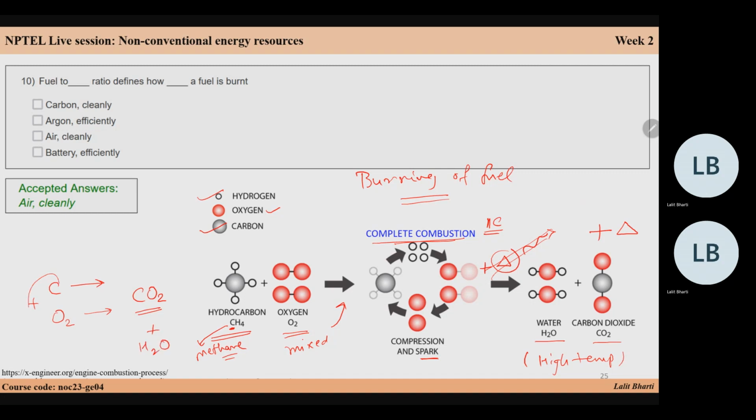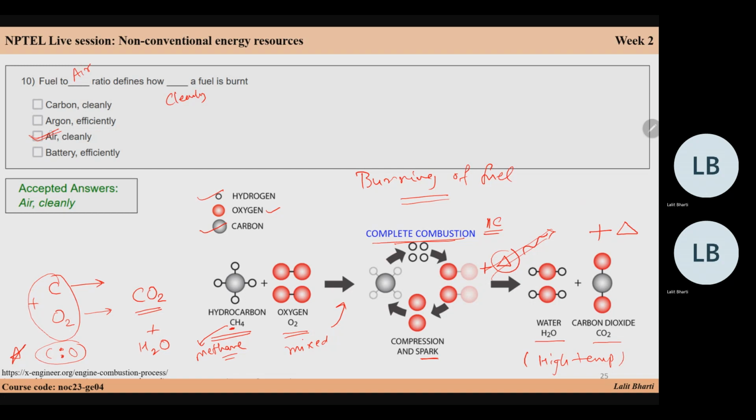So here the ratio of C and O is very important. The oxygen comes from the air. So we can say the fuel to air ratio defines how cleanly the fuel is burned.